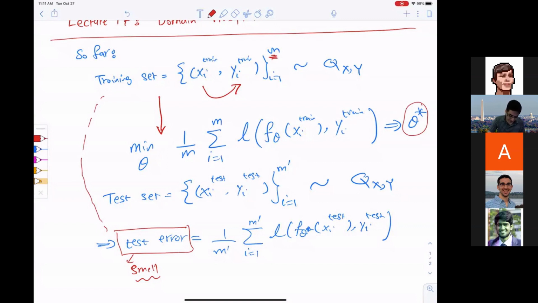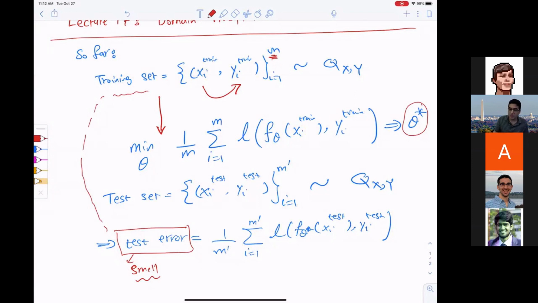So the goal was to train a model on the training set, and if it does well, then using these results, we can make an argument that the model is going to do well in the test set as well. So that's basically the setup that we have covered in the first part of this course in terms of optimization and generalization lectures.